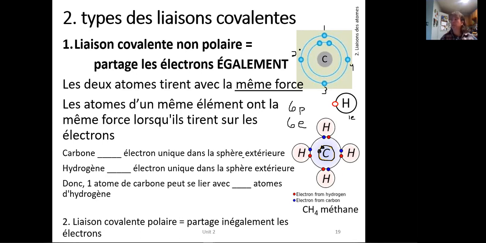You can share it with 1, 2, 3, 4. They are sharing electrons equally because all of the electrons now have partners. There's no tension. Everyone's happy. There's no jealousy.